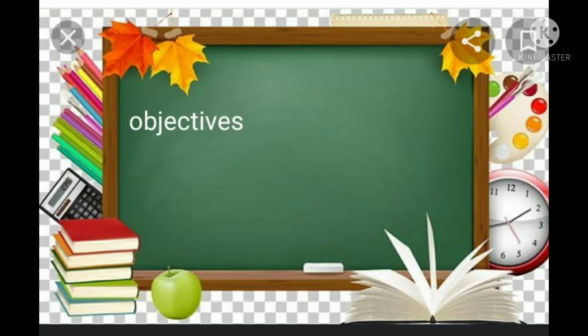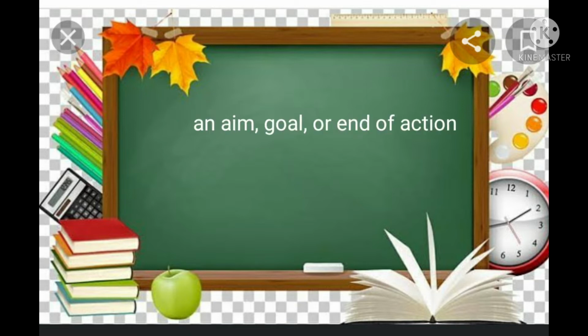First, we have objectives, and second, outline, and silk, and also cotton, and project plan, and the last one is the design. Objectives: it is an aim, your goal, or the end of an action.